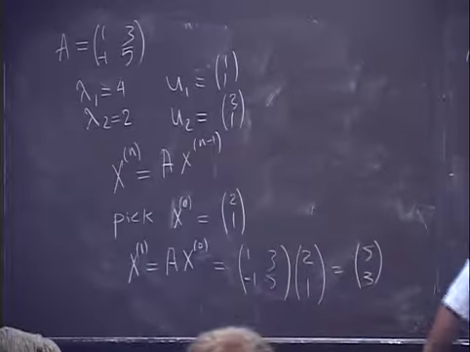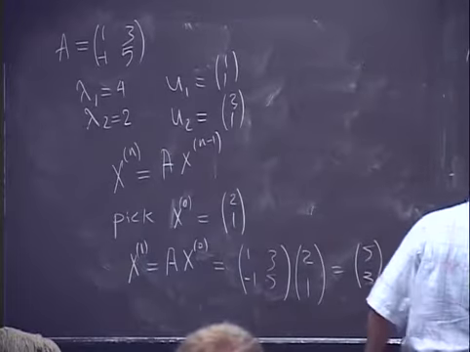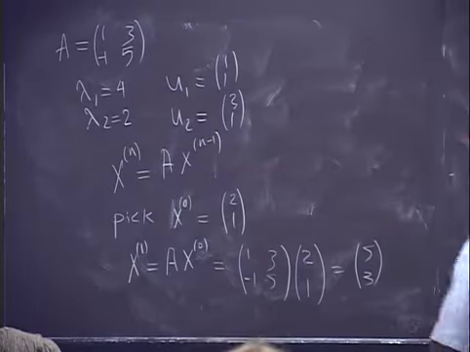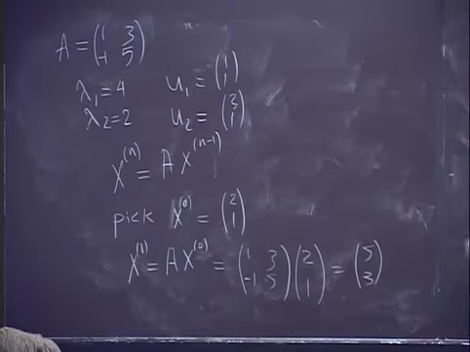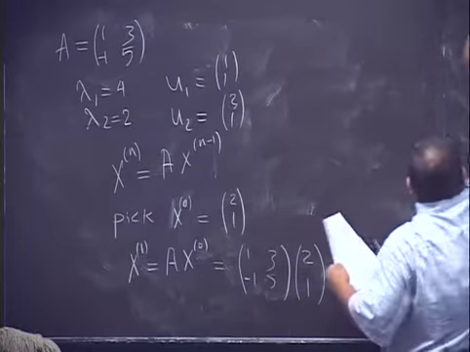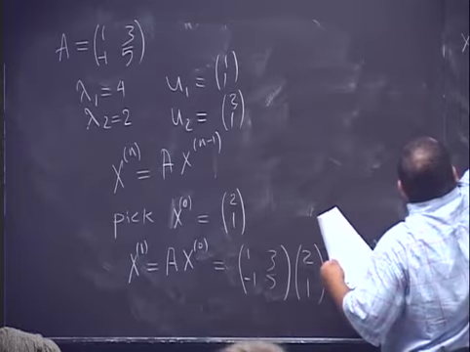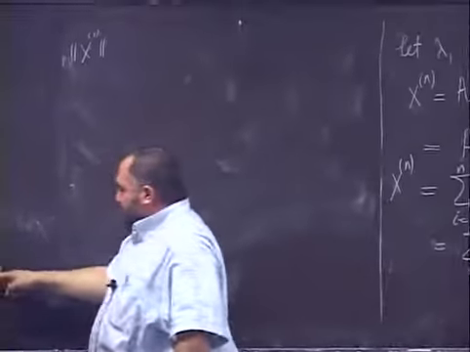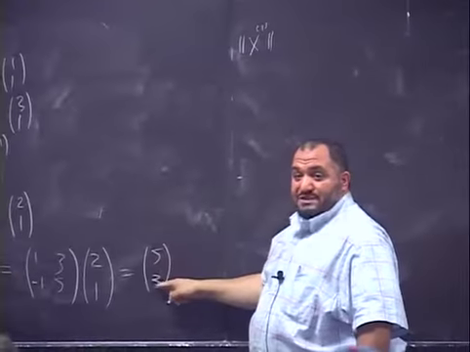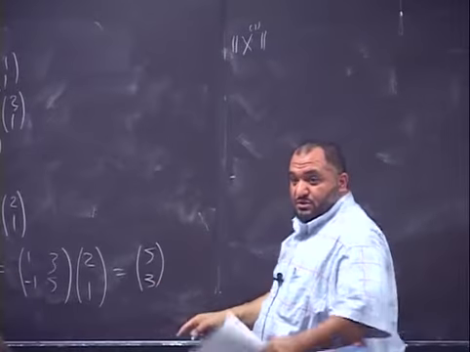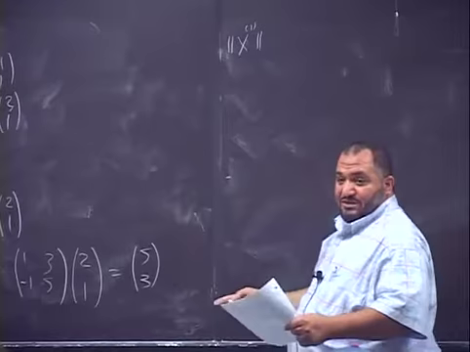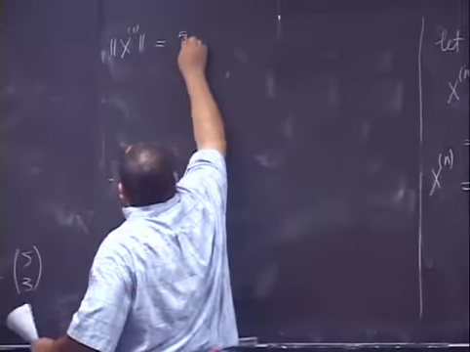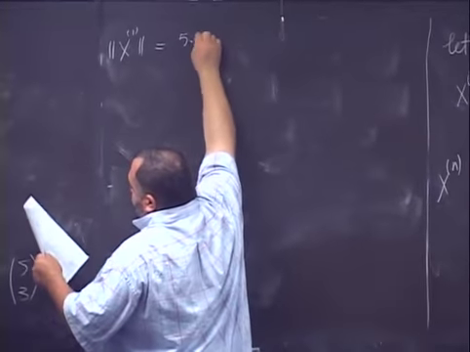Now let's look for the modulus of x1. The modulus of x1 will be just 5 squared plus 3 squared under the square root. So it will be 25 plus 9, and this will give you 5.83.